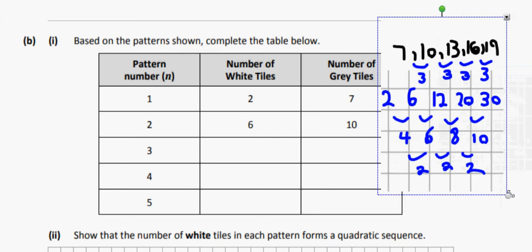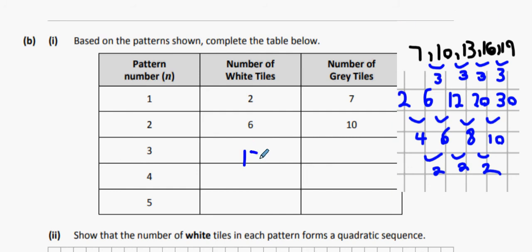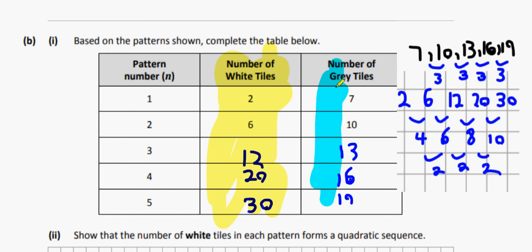So 2, 6, what's the next part? 12. 2, 6, 12, 20 and 30, and 13, 16 and 19. One of them is a quadratic sequence, so the white tiles is the quadratic sequence, yellow is quadratic, and blue is linear. Everybody got that? Quadratic and linear.